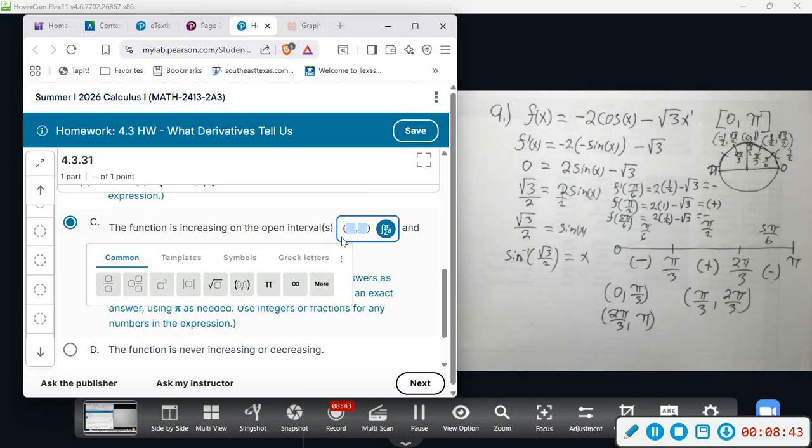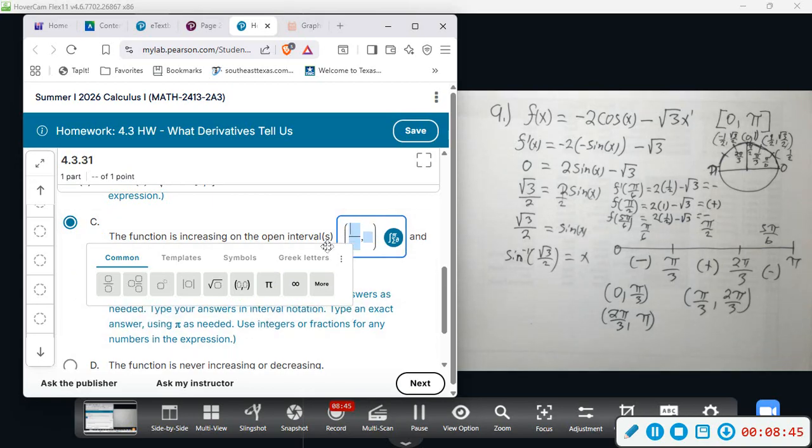All right, so I'm going to do a fraction bar. And we want pi divided by 3 to, all right, so let's see if we can get this right.